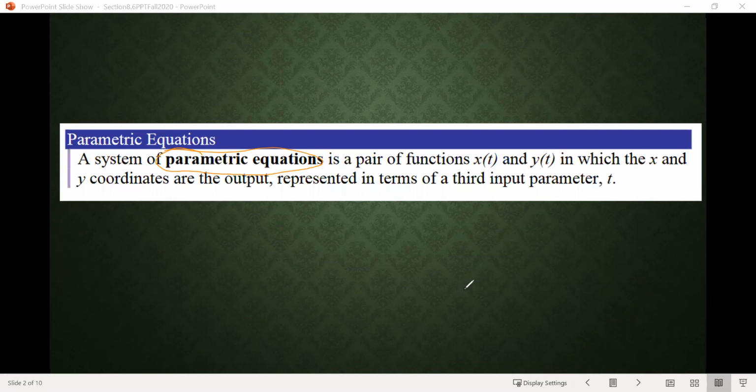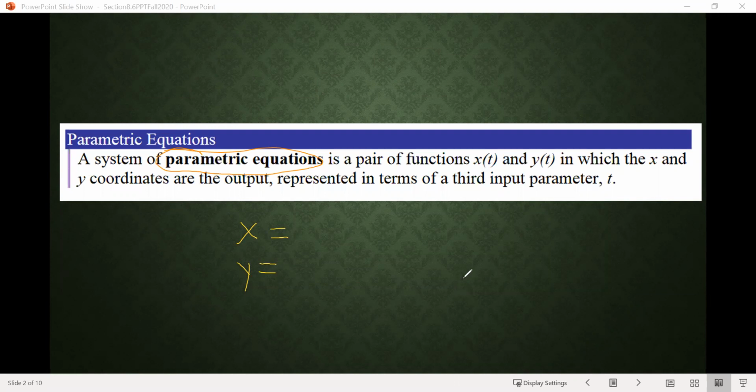So basically the idea is if we are working in Cartesian coordinates in our general paradigm of using x's and y's, the idea is that our x and y coordinates at a particular point are given as a function of a third variable that we usually use as t.